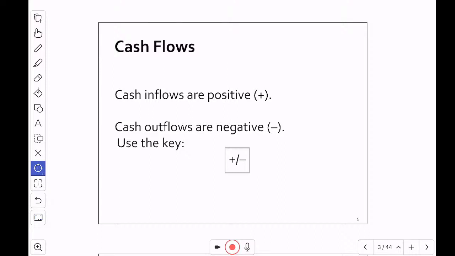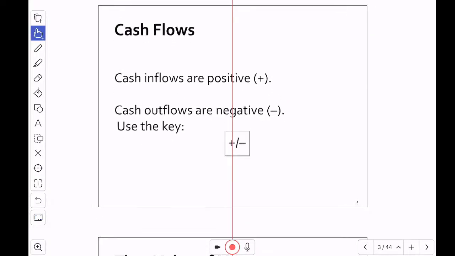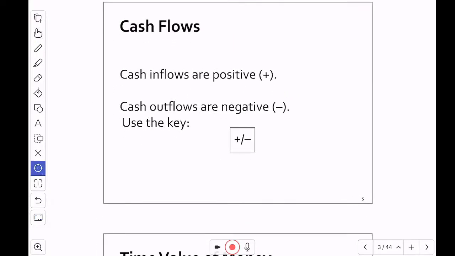So when you make a payment, if you have a loan, you've taken a loan, that would be seen as a cash inflow or as a positive, and any payments to repay the loan would be seen as a negative from your perspective in one single problem. You'd have to keep track when you enter into the financial calculator.